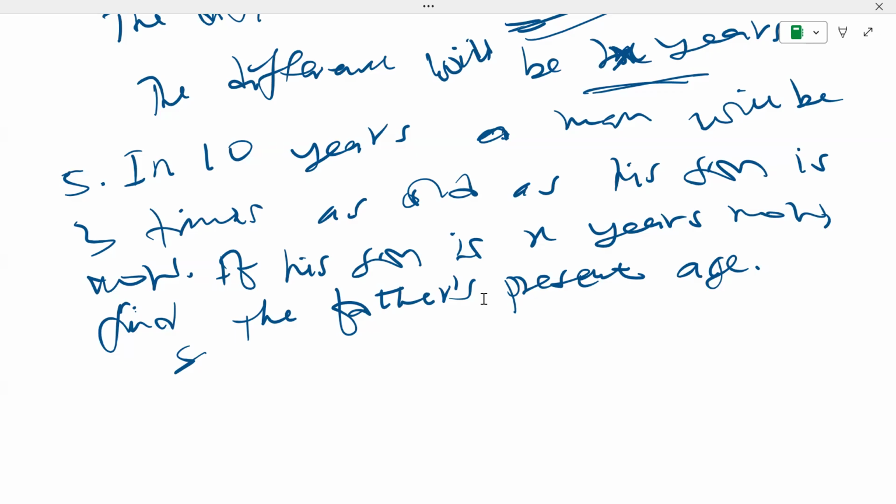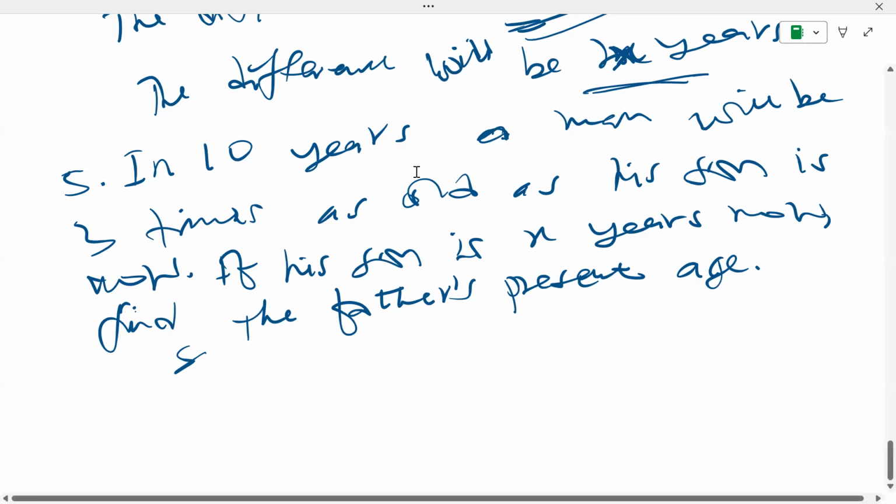Over here, we need to get the father's age. So we'll say that in 10 years, the father's age will be 10 years plus the current age. And in the question, we saw that in 10 years' time, the man will be 3 times as old as his son.